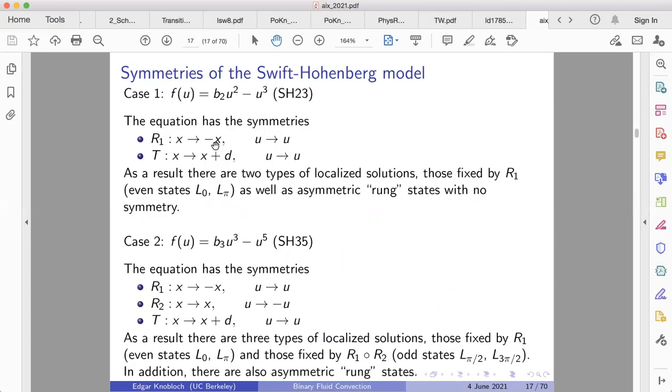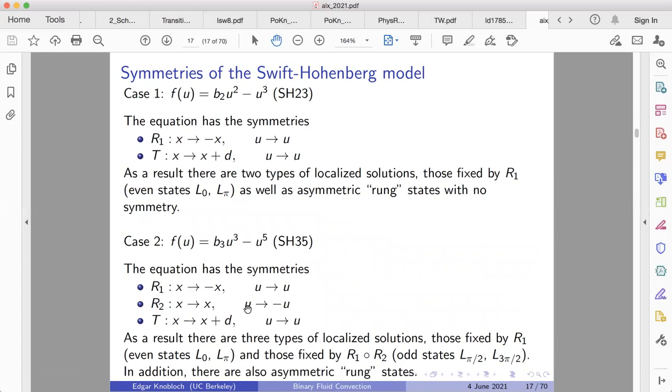A couple of things about symmetries of these problems, because that will become important in a moment. In the 2-3 case, I just have the left-right symmetry I've already mentioned, plus translations. But in the 3-5 case, I have an extra symmetry, and that is U goes to -U. So I'm going to call R1 the symmetry X goes to -X.